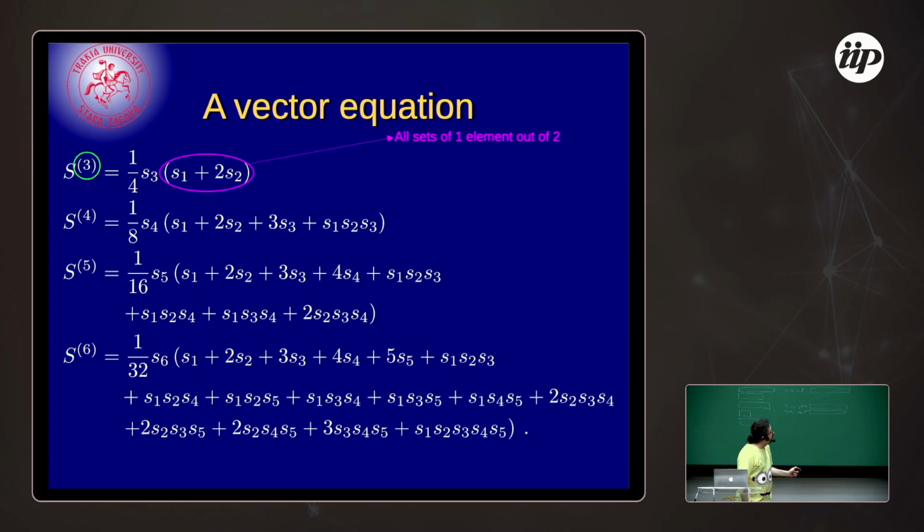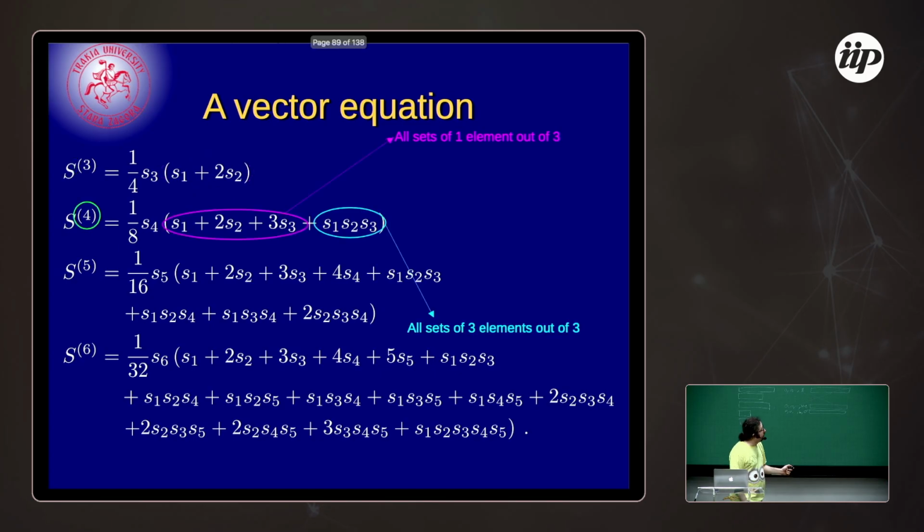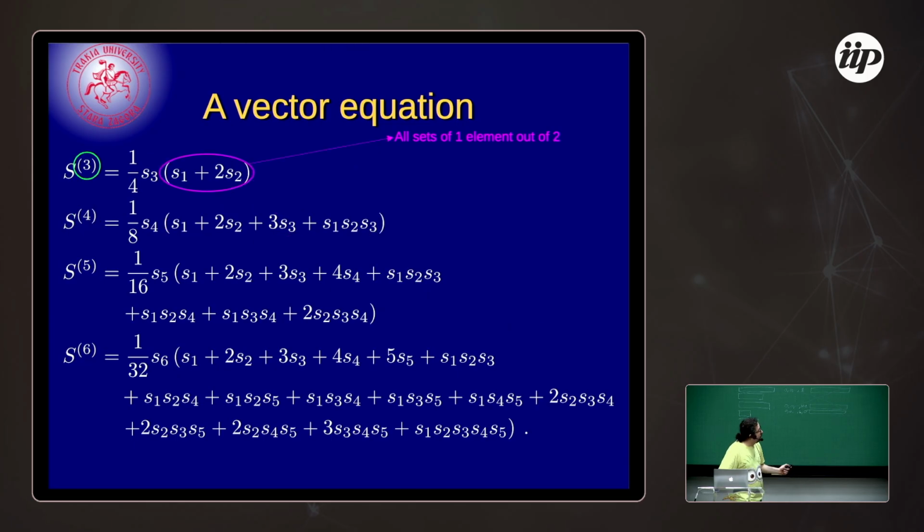Not only that, when we have 3, this term here, from the point of view of discrete mathematics or combinatorics, is the list of all the sets of one element out of 2 possible choices. When we go to 4, you have still one element out of 3 choices. So one element out of 4 minus 1, which is 3, and oh, look, a new piece appears: 3 elements out of 4 minus 1.